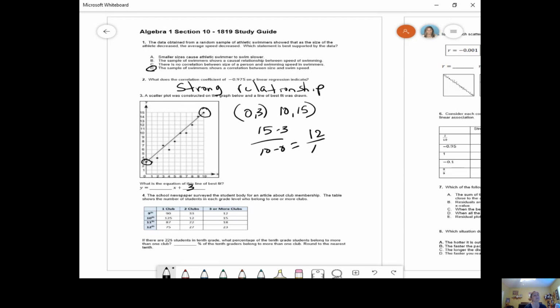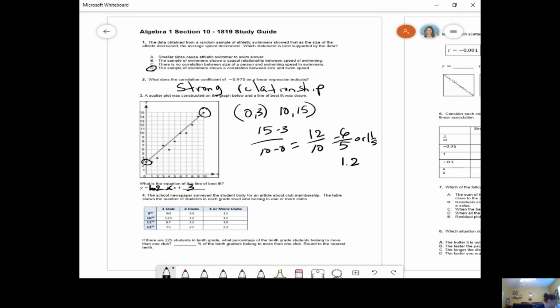That would give me 12 over 10, or 6/5, or 1 1/5, or we could say 1 2/10. However you wanted to put it. So y = 1 2/10 x + 3. Now, if you use a different dot, your slope will be a little bit different.